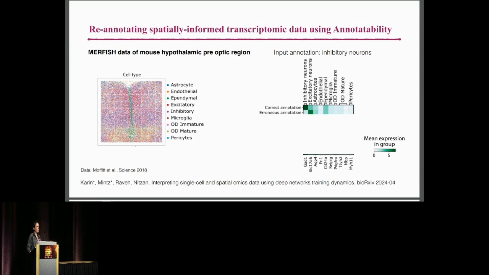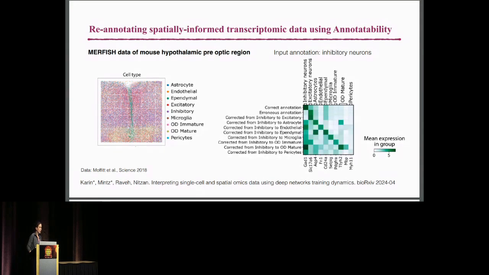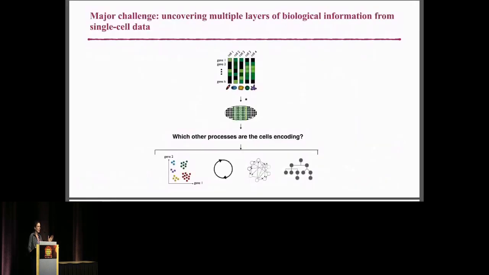We can actually now reclassify the cells by training again only over the cells we identified as correctly annotated, and get this transition matrix from cells we predict were initially misclassified into each one of the other categories. And here we can see a validation that indeed this transition makes more sense in terms of the marker genes of these cells.